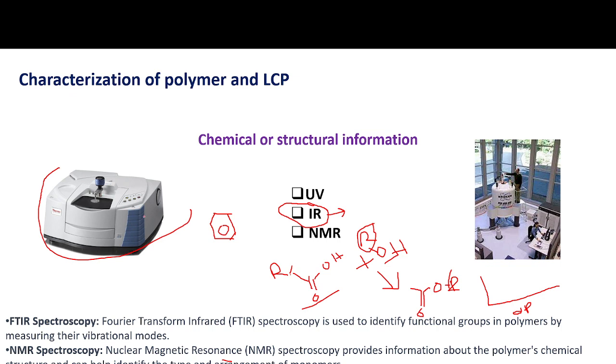From there we can identify what stage our polymer is in. For NMR, you know that NMR is active for those nuclei which have odd numbers of nucleons. So for this we can do 1H proton NMR spectra or 13C NMR spectra like this. This is the instrument where we put the NMR tube, and here is the detector where we get the spectra.